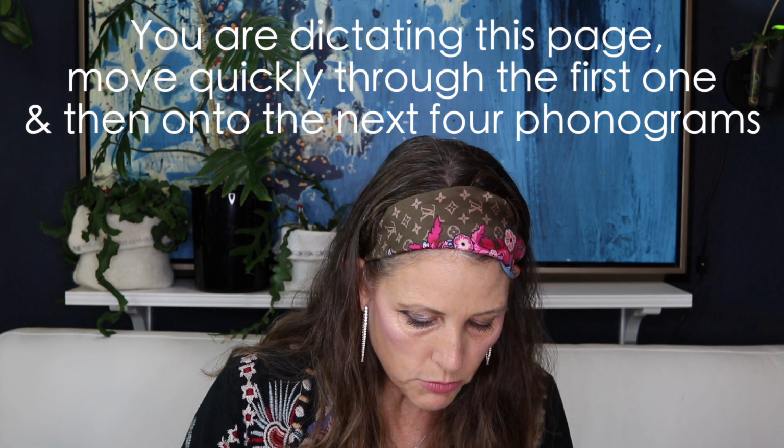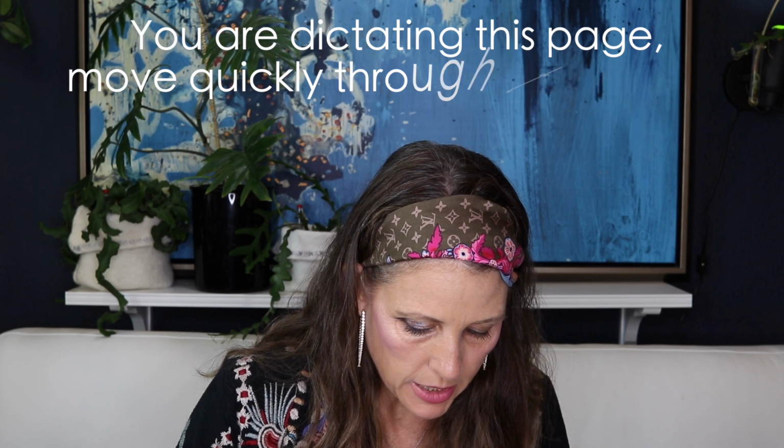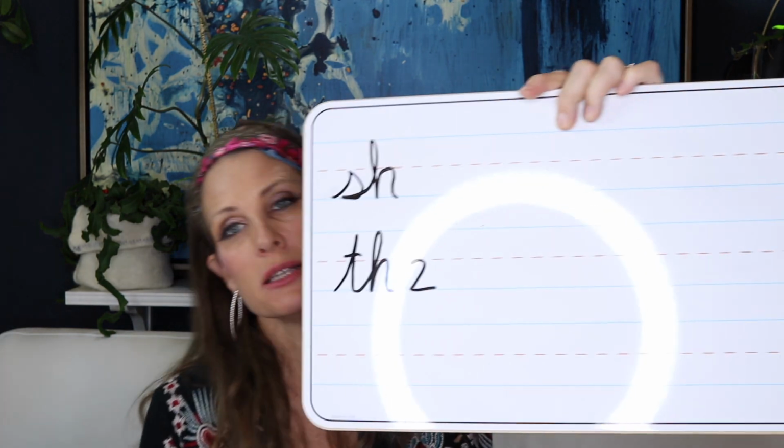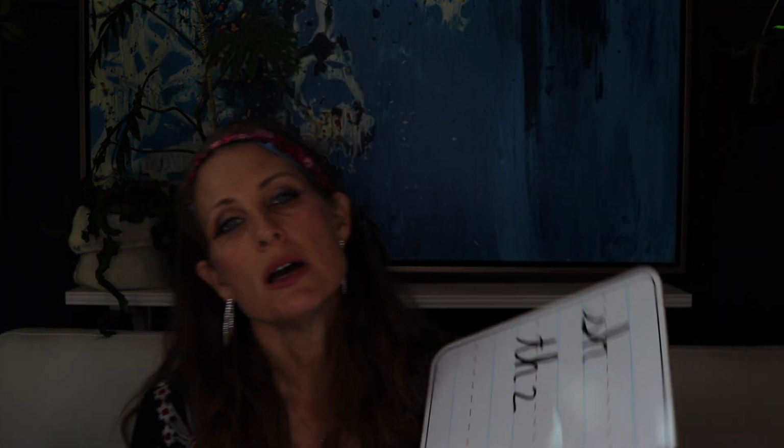Your second multi-letter phonogram is the th. Next to the th you're gonna put a 2 because it has 2 sounds. That's why they need to know how to write their numbers when they do this program.